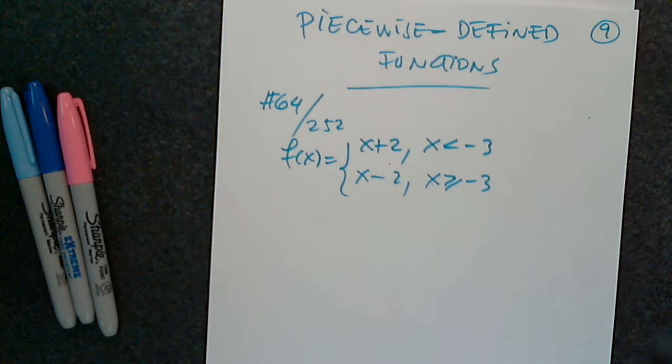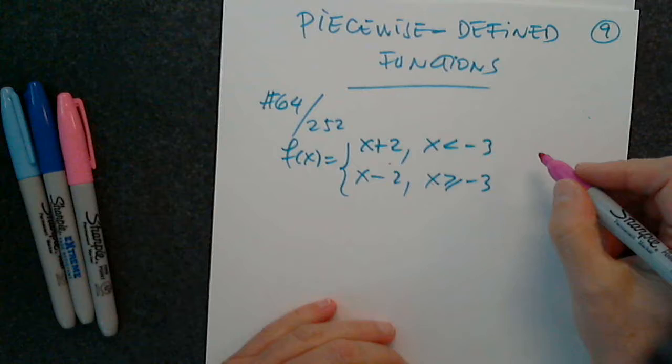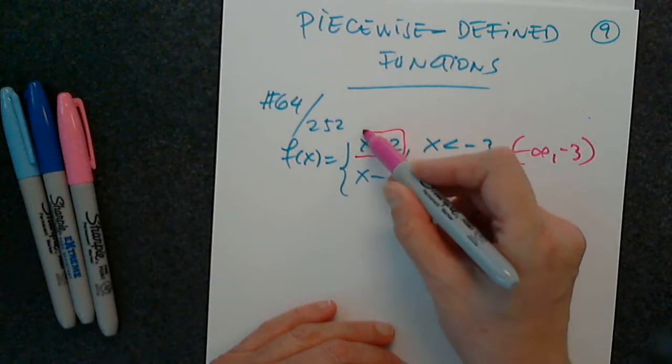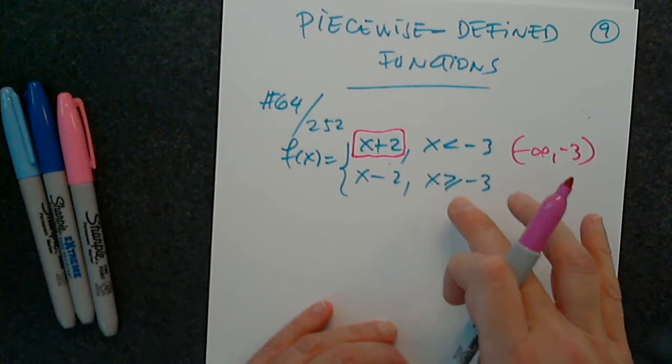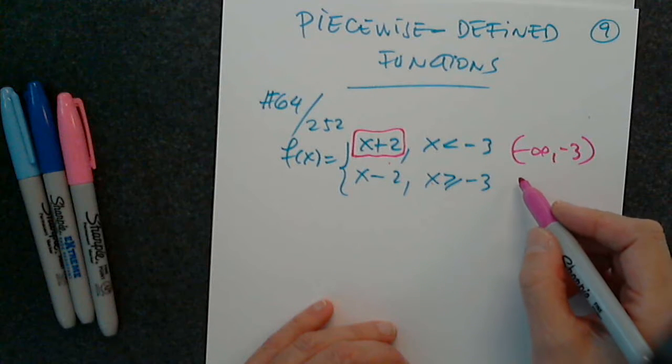Is this a piecewise defined function? The answer is yes, because it has two different functions. For x values from negative infinity to negative 3, the function is this. And for x values, can anyone give me the interval notation for this?